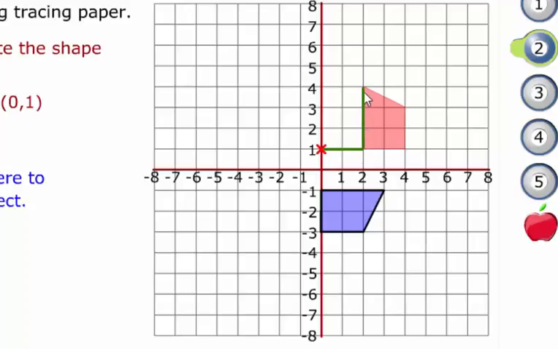And then we're going to imagine that whole bracket, this L-shaped bracket, rotating 90 degrees so it finishes up like this. You'll notice that the distance the original bracket was away was 2 units, and now it's 2 units going vertically instead of 2 units horizontally.